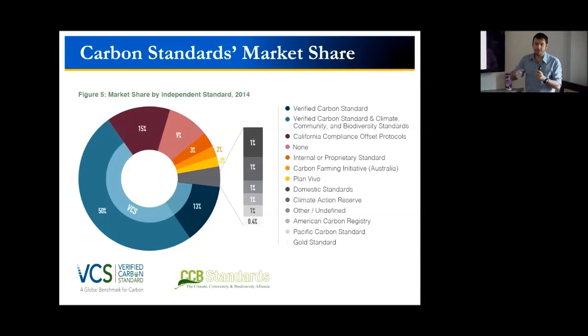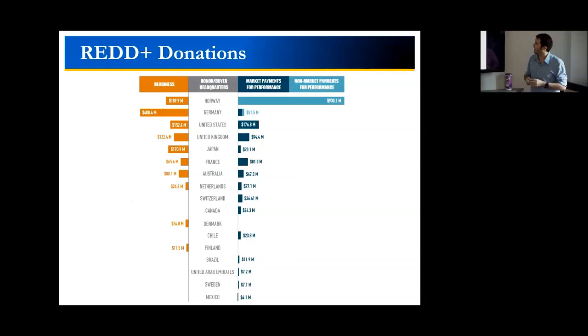Like I showed you, they already came up with this jurisdictional document for countries who want to have this nested REDD governance, incorporating the private projects into the national policies. VCS is really doing a better job than all the others, and I believe this market share will grow.